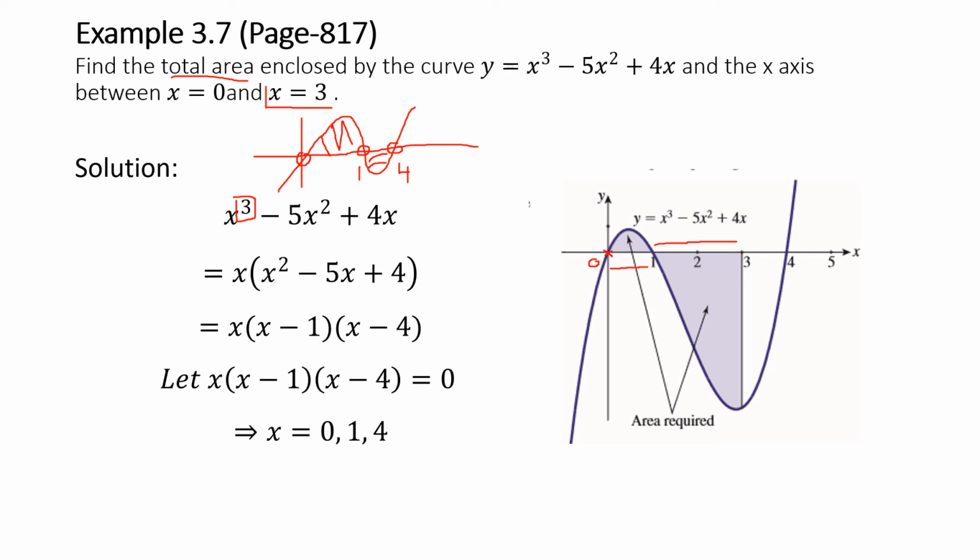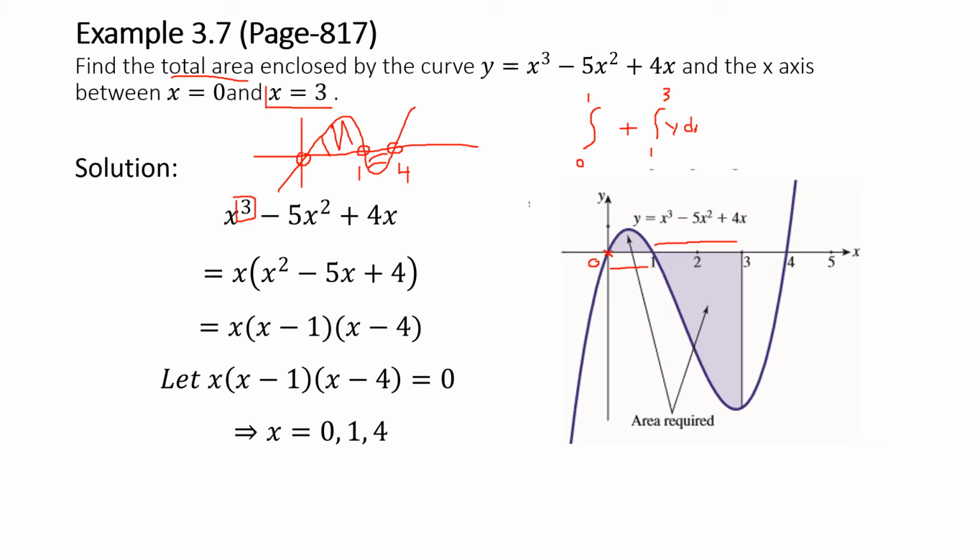So now this time we will do 2 integrals. First integral is from 0 to 1, and second integral is from 1 to 3, and of course for the same function y dx.